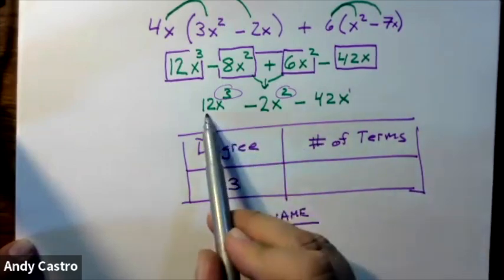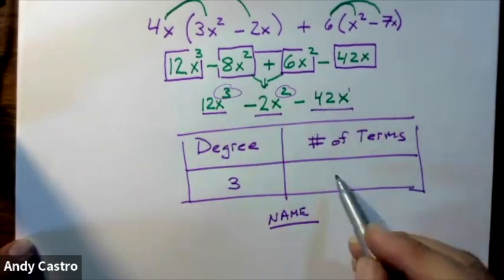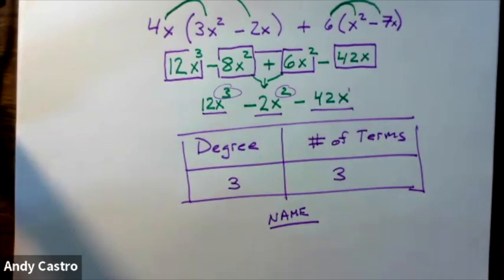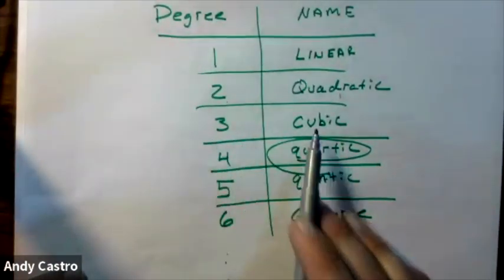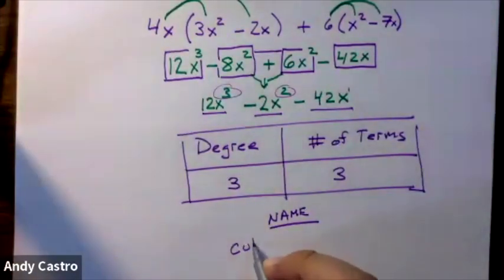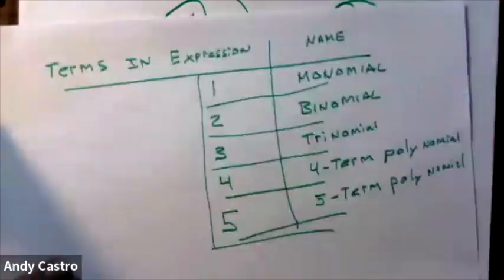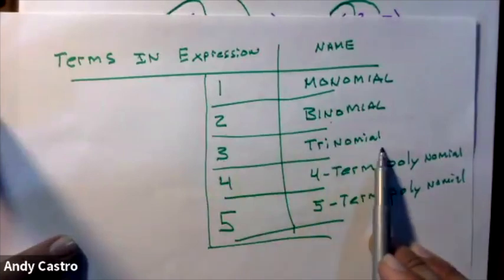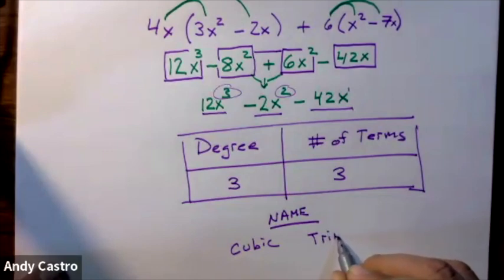Then I look at how many terms I have. 1, 2, 3. I have 3 terms. So my chart, when I look at degree 3, is cubic. And 3 terms, if I look at that chart, 3 terms is trinomial. So this is a cubic trinomial.